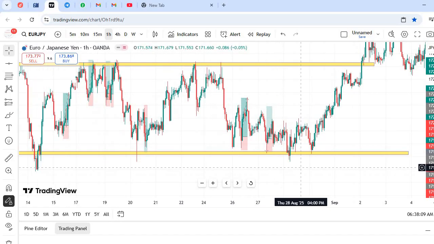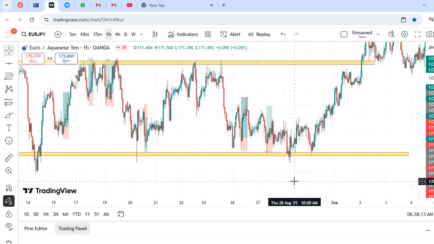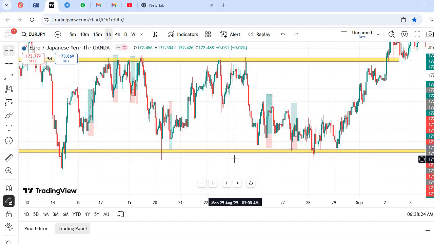Now, what do we need to do, or what are we looking out for? What are the confluences that we are going to look out for before we can pick our entry level? Like I said, you can either use order block, breaker block, fair value gap, liquidity sweep, candlestick pattern, psychological level.